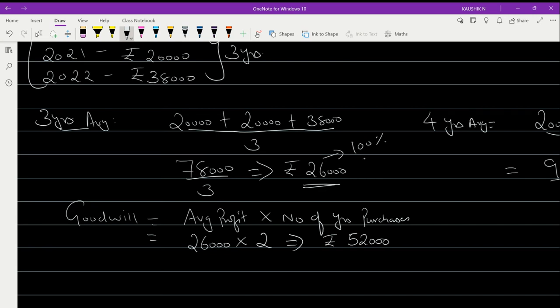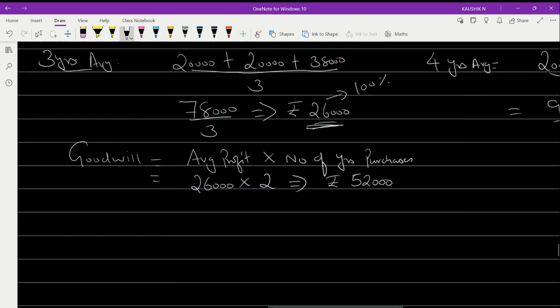If suppose the question says goodwill has been valued at 100 percentage of average annual profit, whichever is higher, the 3 years average was higher, so I am taking 26,000 as the goodwill. If that be the case, the goodwill will be 26,000. Okay, this is case 1, as per the question.